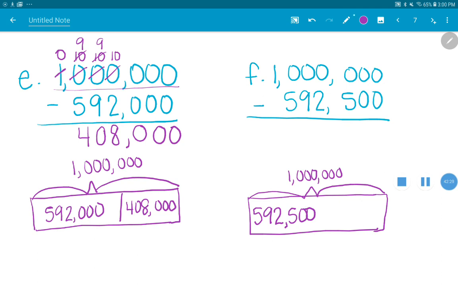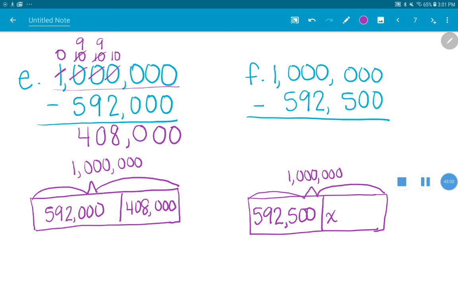What's different about 592,500 in this problem and 592,000 in our first problem? Because in F you just add 500. Yeah, I have 500 more in the part that I know. So what's that tell me about the missing part? How's the missing part going to compare to the missing part in E?